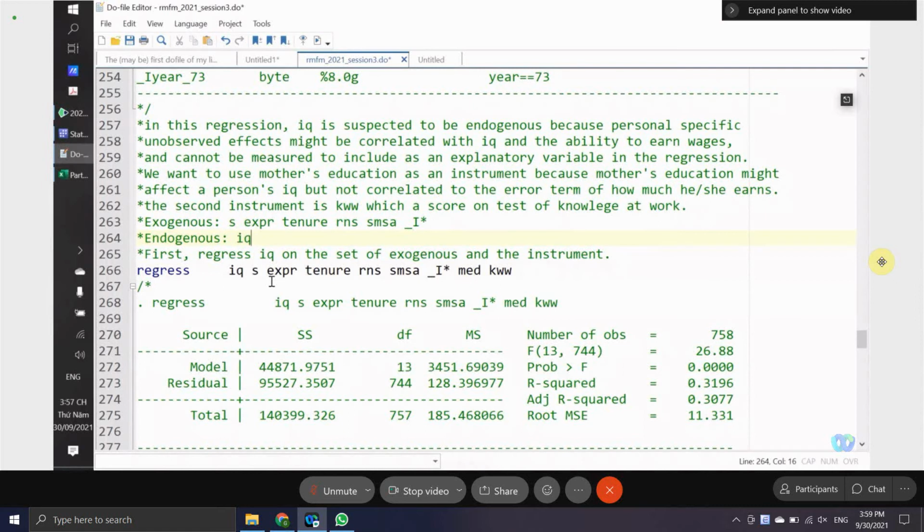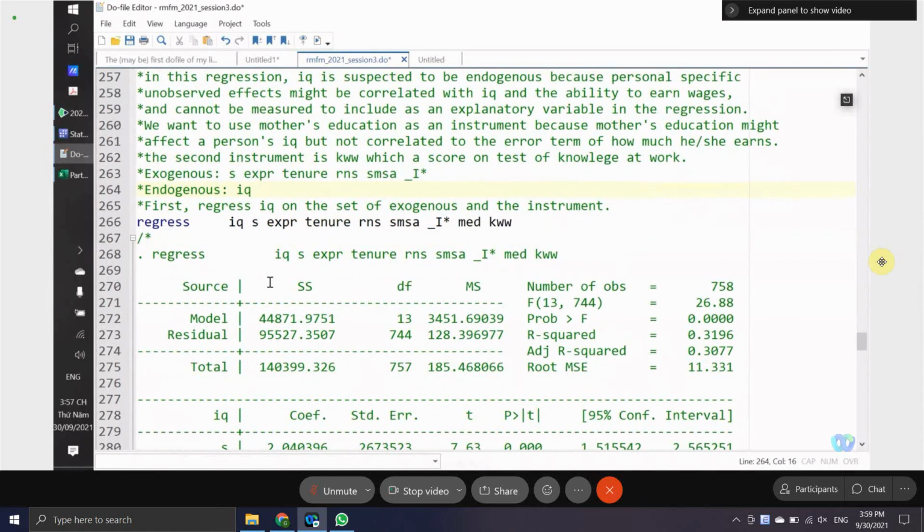So the first stage in the instrumental variables is to regress the endogenous variable on all of the instruments. The set of instruments includes the new instruments for IQ and the exogenous independent variables themselves.